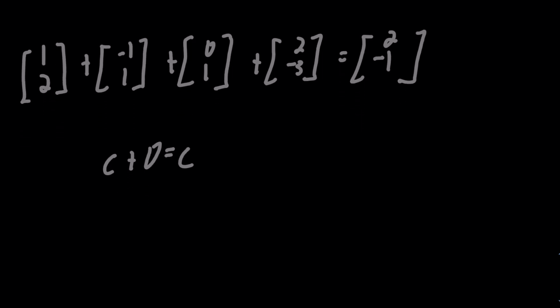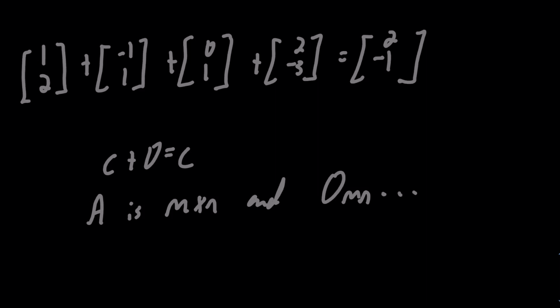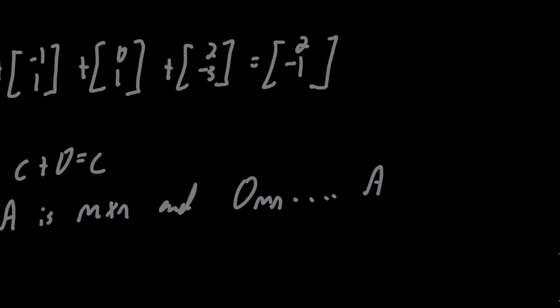Specifically, if A is a matrix that is m by n, and we have a zero matrix with the same dimensions, consisting entirely of zeros, then our matrix A plus our zero matrix will equal A.